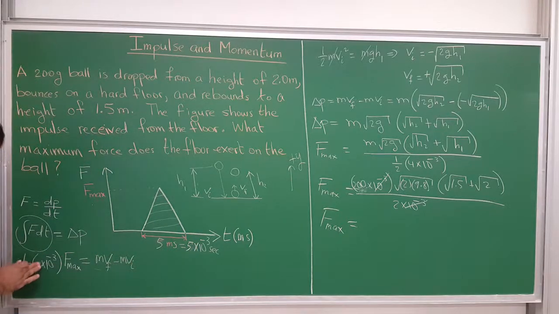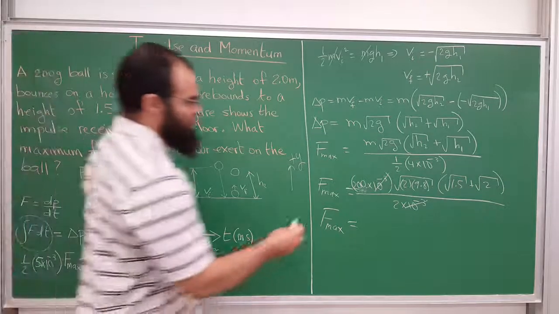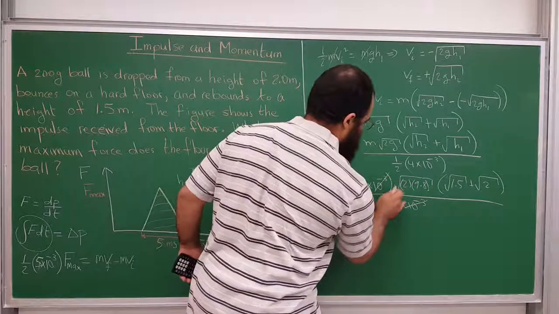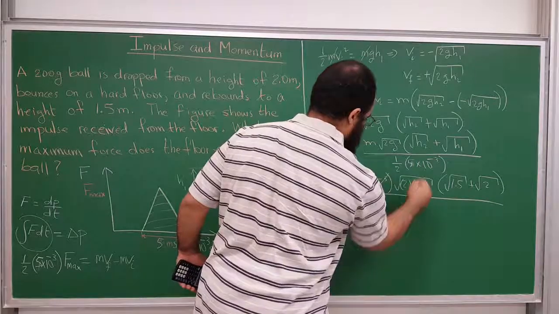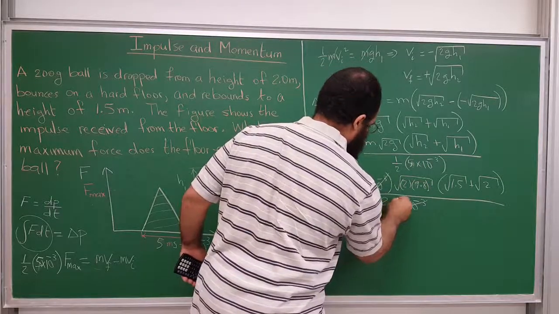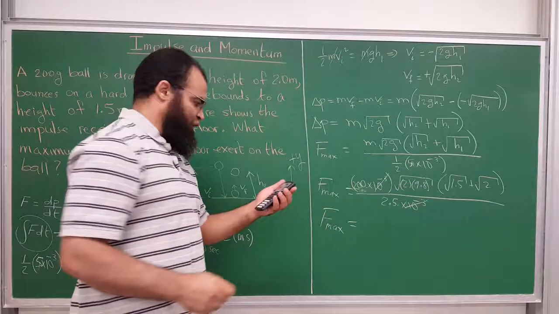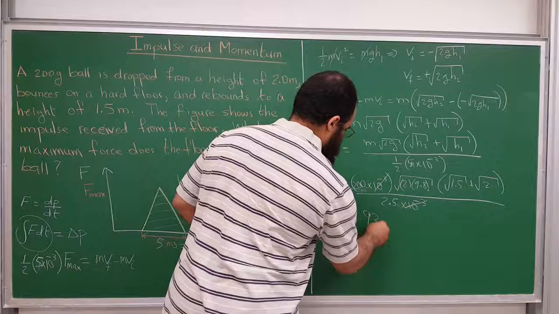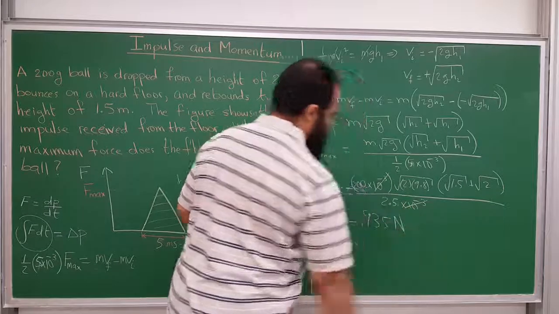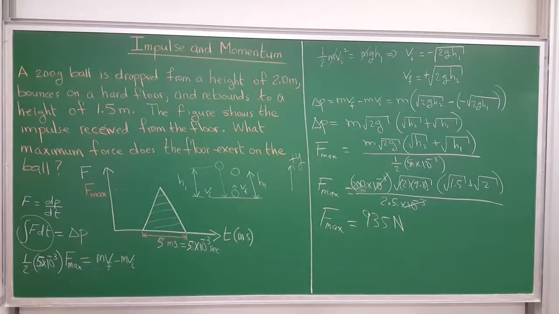So this should say 5 here instead of 4. 1/2 of 5 is 2.5. So when you multiply through, you get 935.35 units, approximately 900 something newtons. Yeah, that looks good.